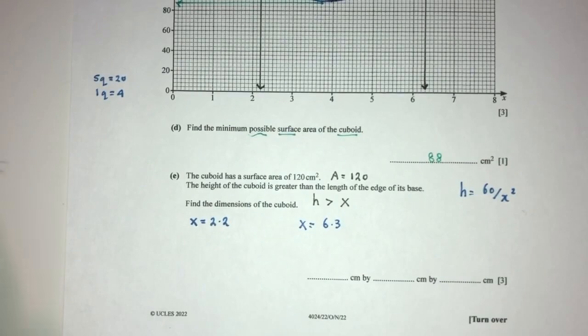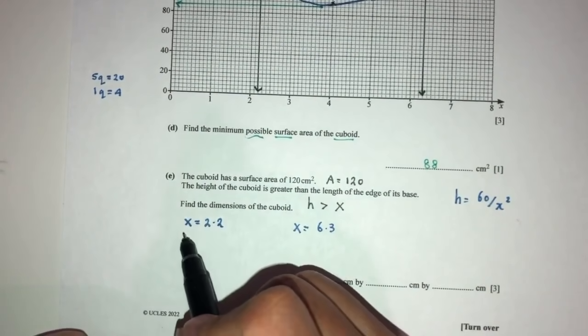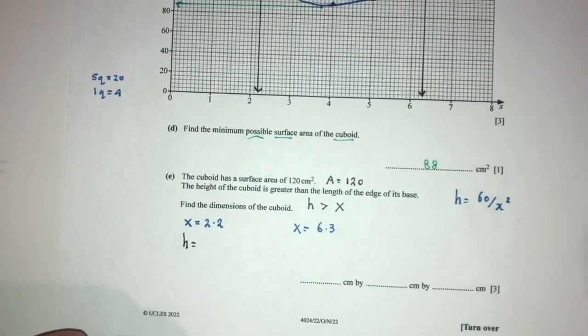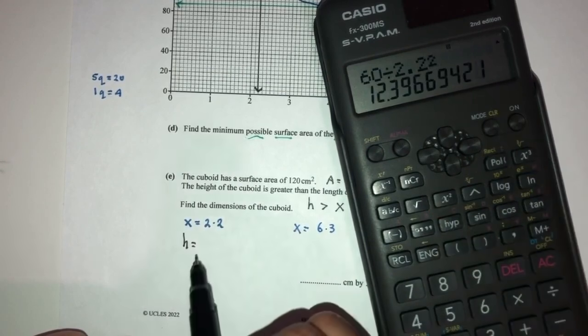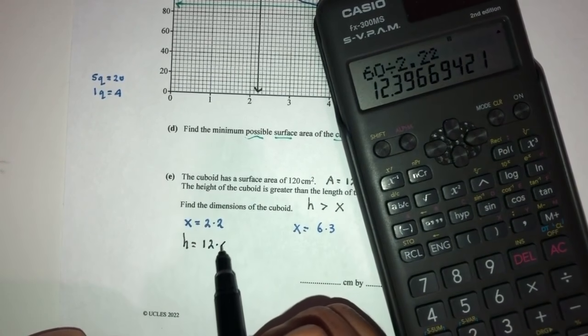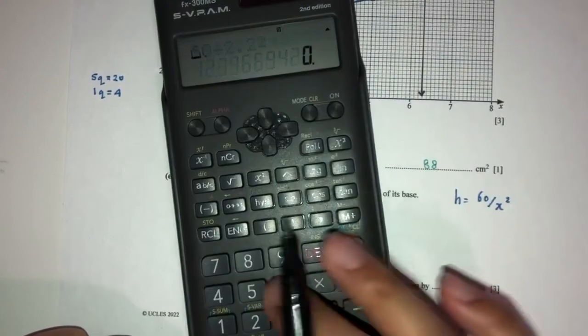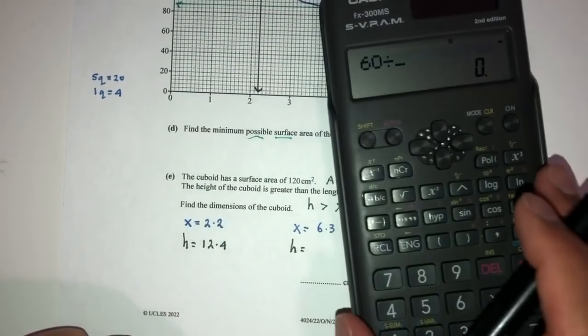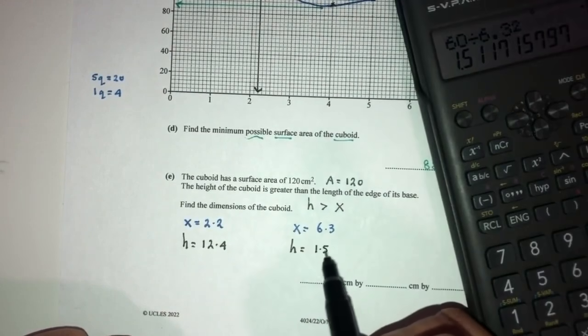Now we have to choose which one is correct. So when x is equal to this value, what is the value of h? Replace back in your equation. 60 divided by 2.2 squared, that should be 12.4 corrected to 3 significant figures, and here we have what? 60 divided by 6.3 squared, that should be 1.51.